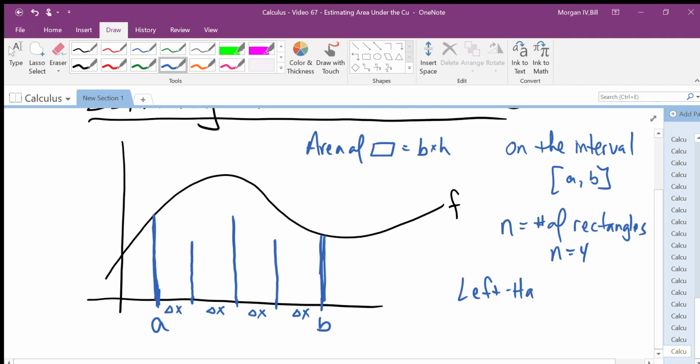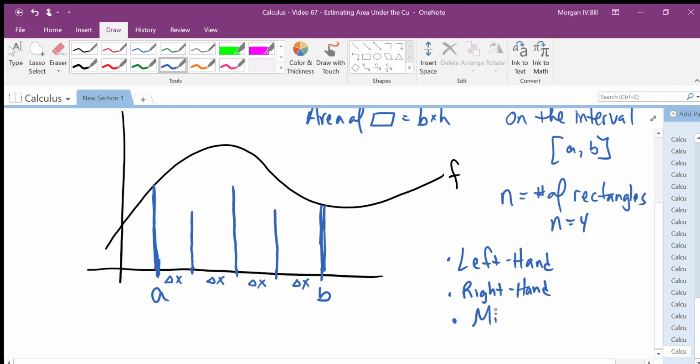We could get the height of each rectangle based on the left-hand side. We could do the right-hand side, or we could do midpoint. I'm going to abbreviate those LH for left hand, RH for right hand, and MP for midpoint.